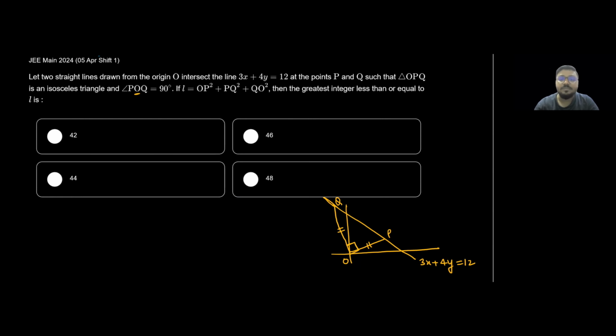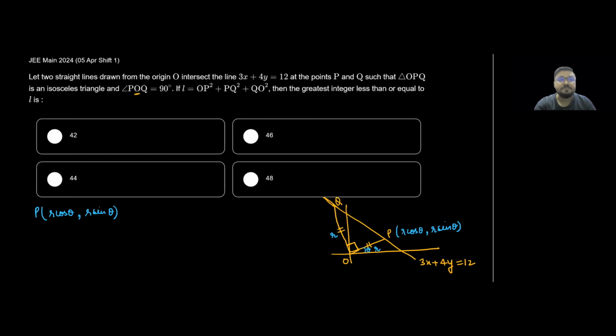Fine, let's start. So here this length OP and OQ are equal, I'll assume R. Now assuming this angle to be theta, the point P I can write using parametric coordinates. That will be R cos theta, comma R sin theta. So point P we got as R cos theta, comma R sin theta.